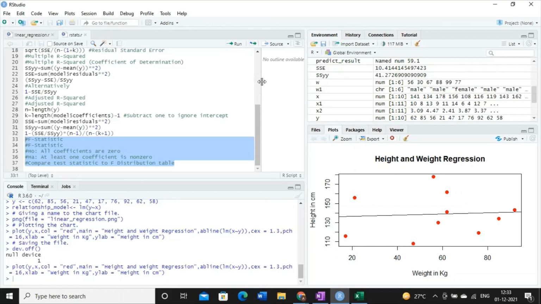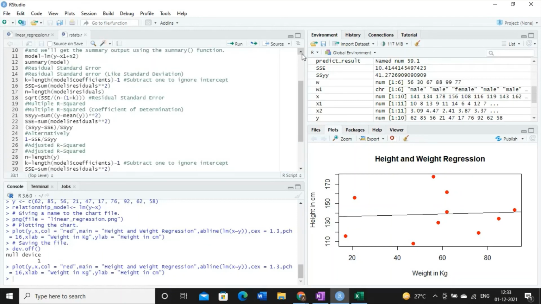Residual error is not just one value. It's a combination of many different kinds of error. Residual standard error, adjusted R square error, F statistics, p value, everything is involved. So we have to understand everything so that we can understand how much residual error is provided by our model, right? So this is the point why we need statistical analysis in R.